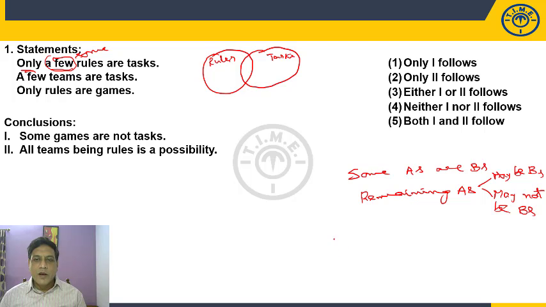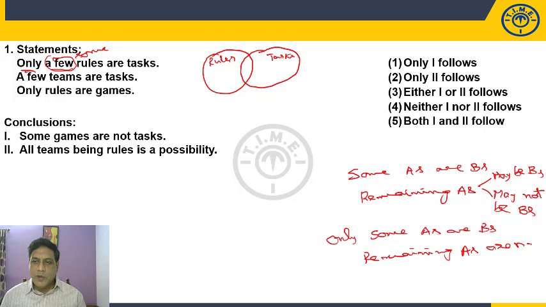Now when we say only some A's are B's, what does this mean? The remaining A's are not B's. There is no ambiguity here. Very clear.